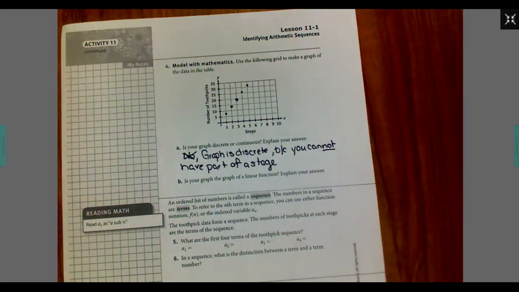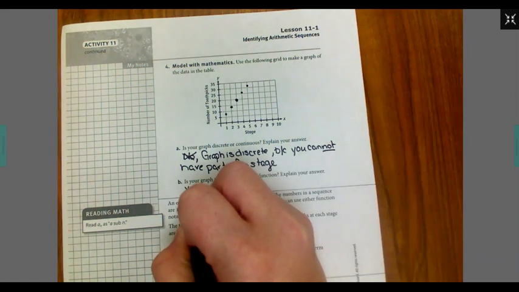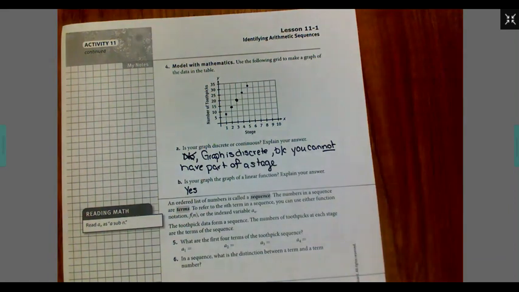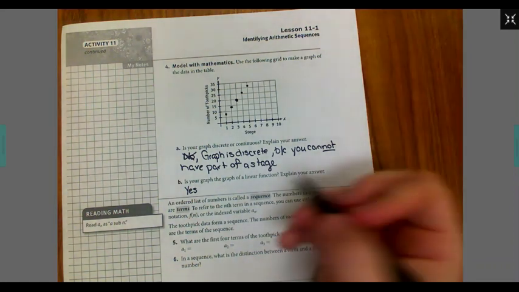Is your graph the graph of a linear function? Now, is this linear? Yes. Even though we have discrete data, we can still have linear, meaning that it increases by the same number or decreases by the same number each time.